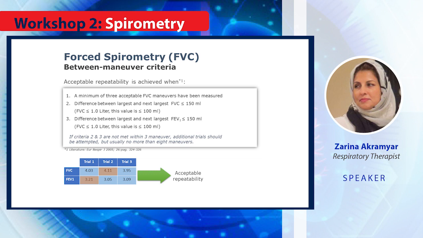And the third is the difference between the 2 largest FEV1 has to be 150 ml or less. If the criteria of 2 and 3 are not met, then additional trial has to be obtained. No more than 8 maneuvers should be done because it is tiring. So these are the acceptability criteria from ATS, American Thoracic Society.